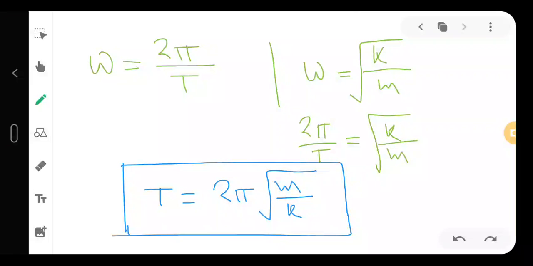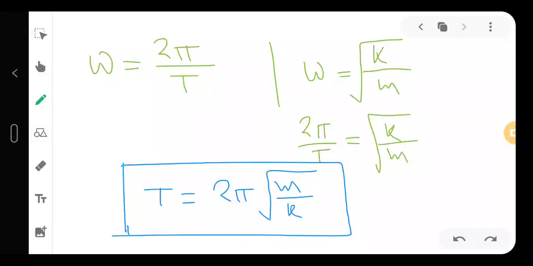So if k is increasing, that means if you bring a spring which is very hard, so elasticity is very high, then obviously the time period will be very less. You will see that it is vibrating very fast, because the time period is very less between the completion of each cycle, or each complete revolution.